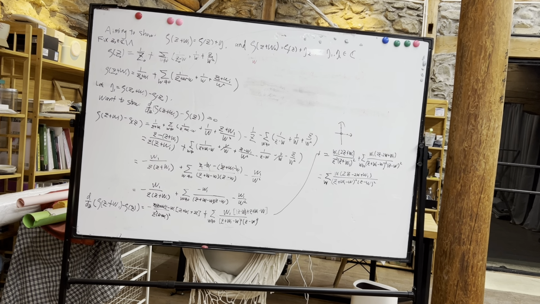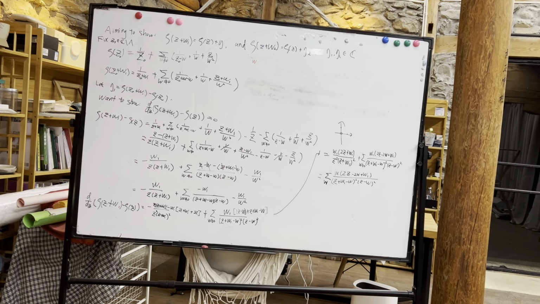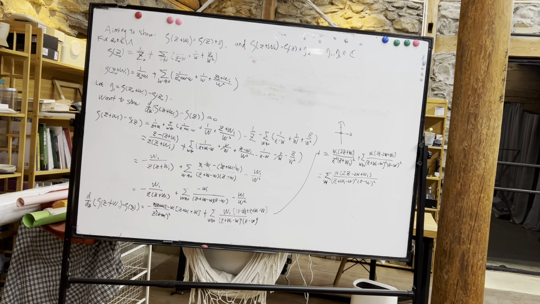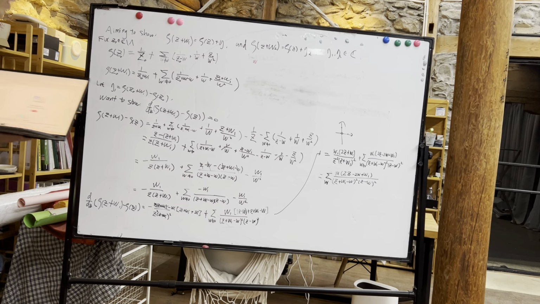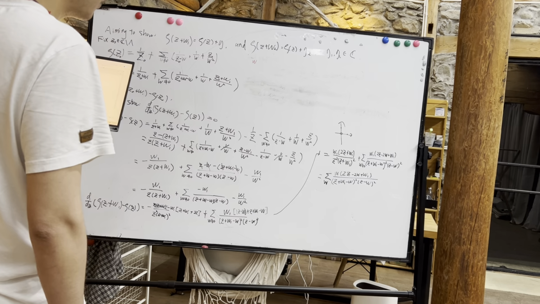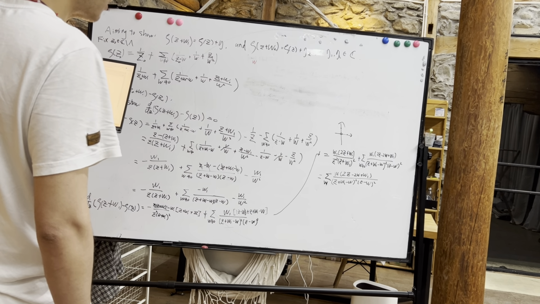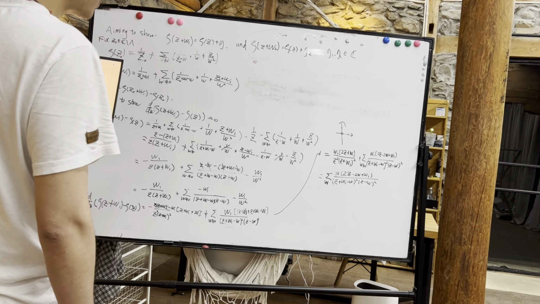the derivative of the difference function is equal to positive omega 1 times 2z plus omega 1 over z squared times (z plus omega 1) squared, plus the sum over all omega not equal to 0 of omega 1 times (2z minus omega plus omega 1) over (z plus omega 1 minus omega) squared, times (z minus omega) squared.